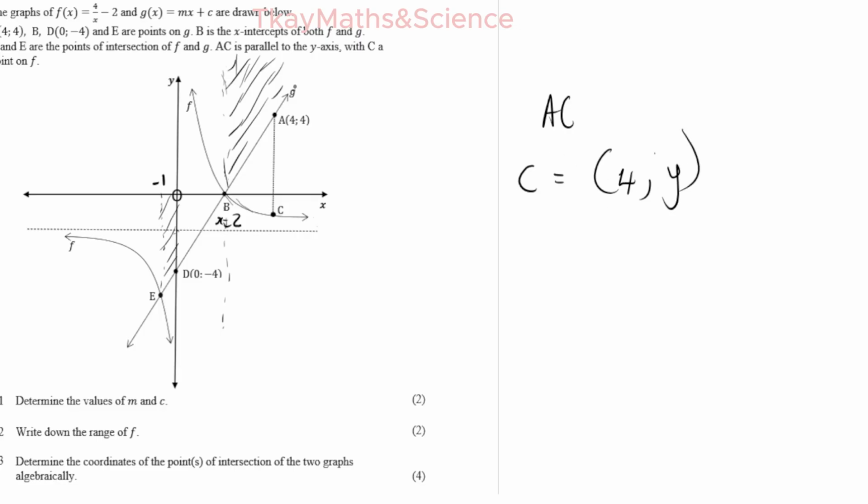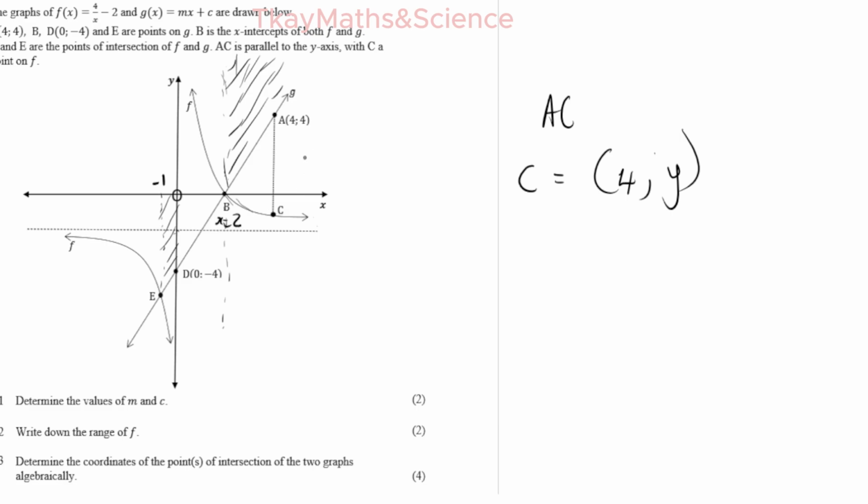The 4 we know because this one is parallel to this, which means this point here is the same on this line. It's not changing. This one is perpendicular to this one, so it's also perpendicular to this line, which means this point and this point on the x are the same.